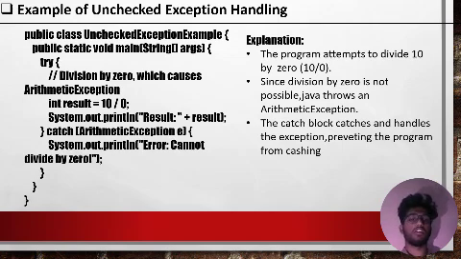In the catch block for ArithmeticException, we use System.out.println("Error: cannot divide by 0"). Here we clearly observe that the program attempts to divide 10 by 0. Since division by 0 is not possible, Java throws an ArithmeticException. The catch block catches and handles the exception, preventing the program from crashing.